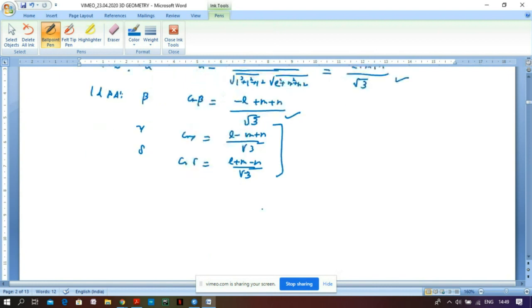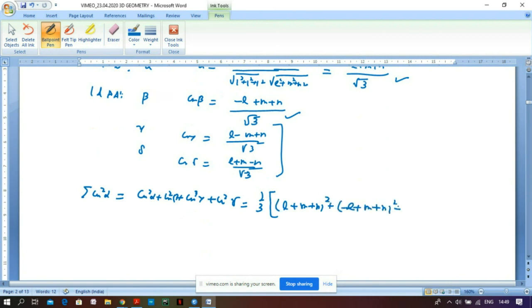And so we could have written the sum of cos squared alpha, which in full is cos squared alpha plus cos squared beta plus cos squared gamma plus cos squared delta, and that equals 1/3 of the sum of 4 squares: (L + M + N) whole square, then (−L + M + N) whole square, then (L − M + N) whole square, and then (L + M − N) whole square.